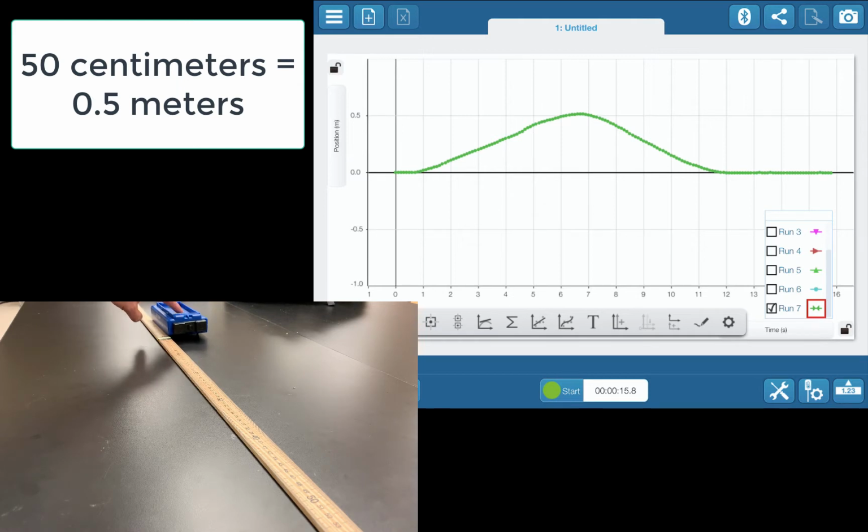But the displacement is 0, because displacement is comparing where the cart starts from and where it ends. And if we look at the point where it starts, compare it to the point it ends, they're the same point. And so there is actually no displacement. There's no distance between the 2 points because they're the same. And so in this case, displacement is 0, but distance traveled is 100 centimeters or 1 meter to answer that analysis question.